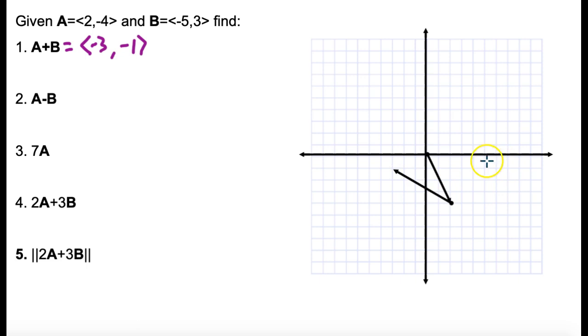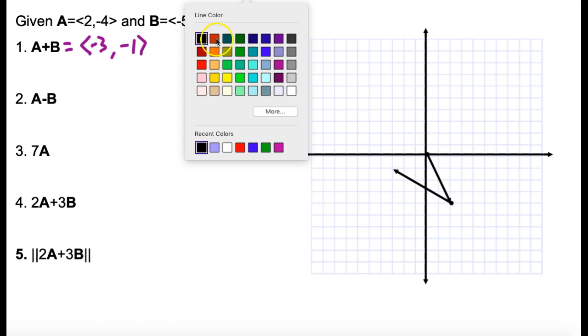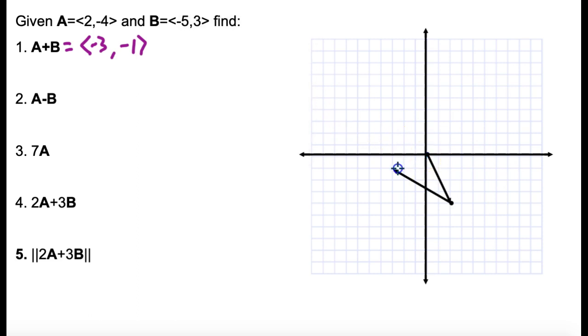So now the result is going to be from here to here. Okay, so if this was my vector A, and then I added vector B to it, this is the result. Okay, and we can see that we're going left 3, down 1.